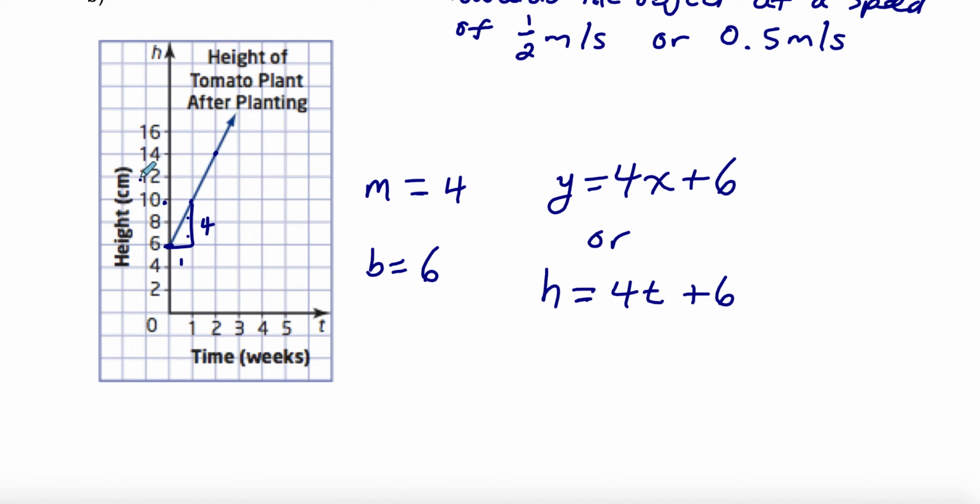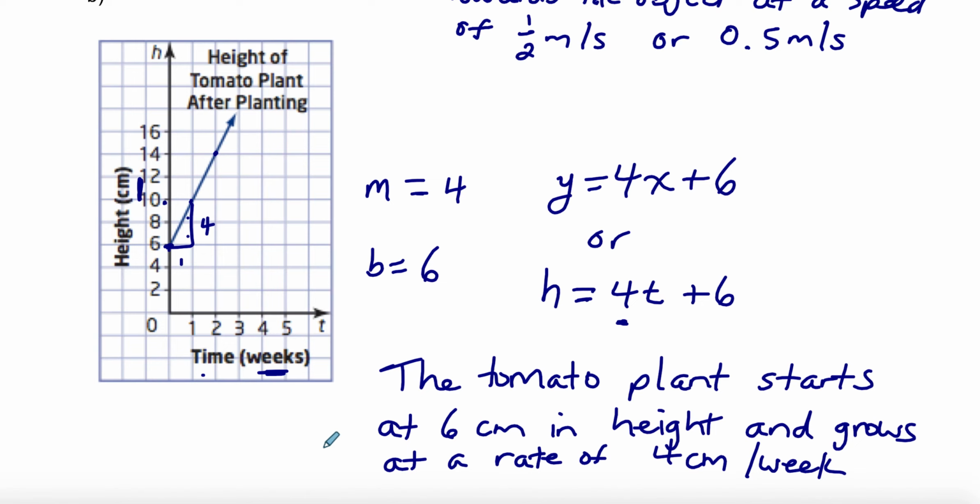And I know it's centimeters because I'm always looking at my titles on my graph. So we know that the tomato plant started at 6 centimeters in height, and it grew every week. The slope is how much it grew in 1 week. So the tomato plant starts at 6 centimeters in height and grows at a rate of 4 centimeters per week.